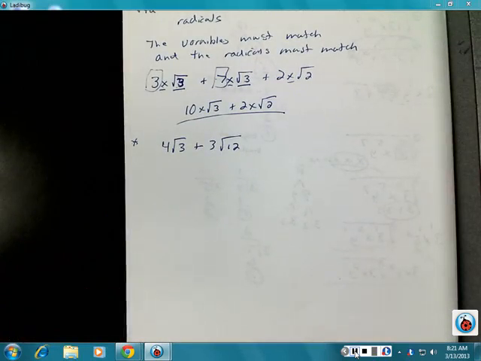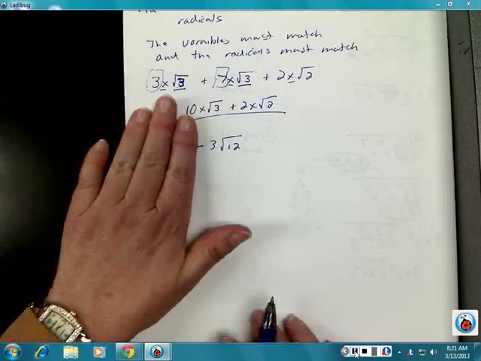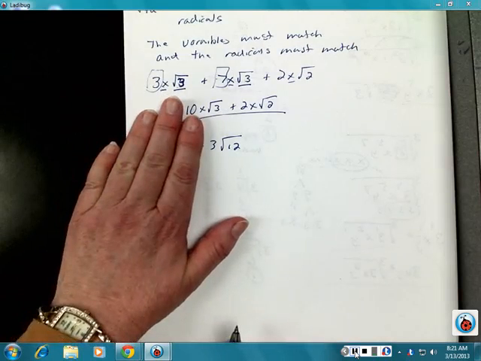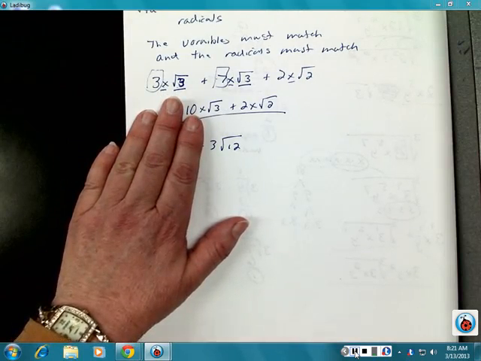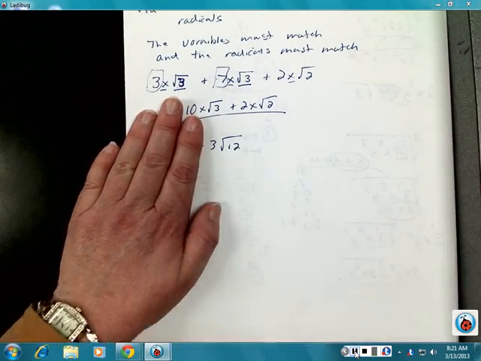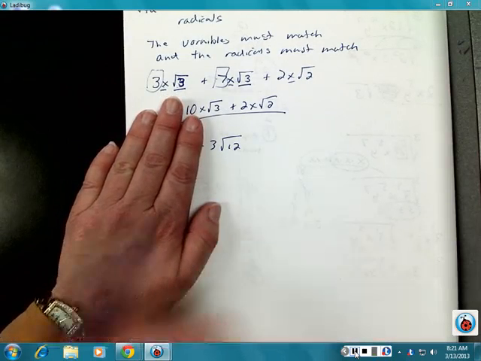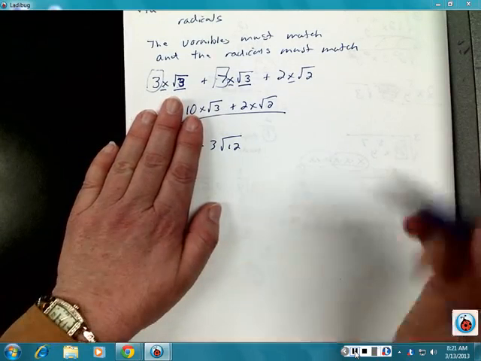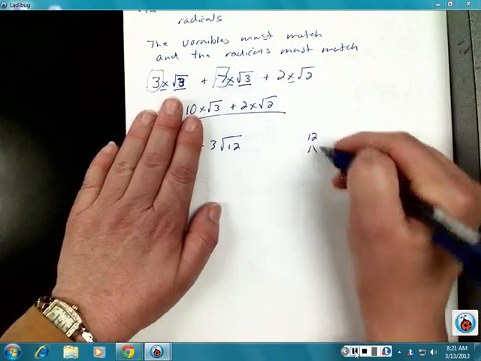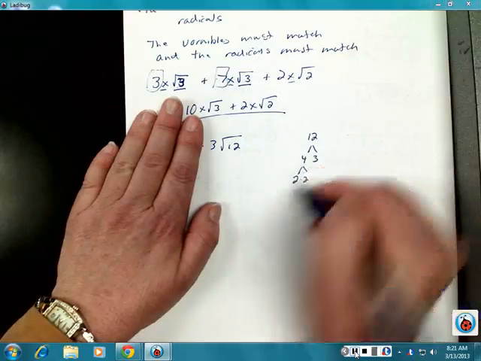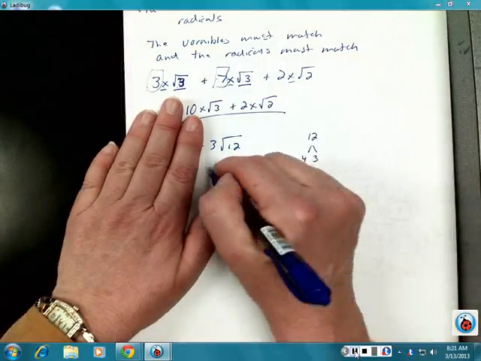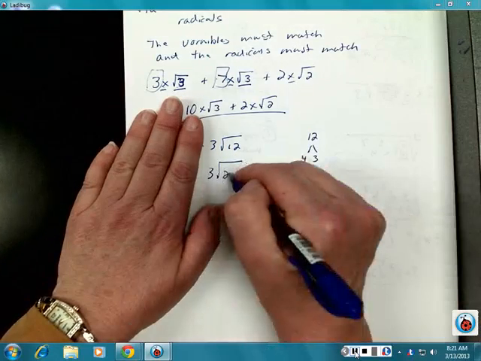So back in 9.2, we would look at that and say, can I break it apart and simplify it and have it still be exact? If I take 12 over here on the side, I get 4 times 3. 4 is made up of 2 times 2. So 12 is actually 2 squared times 3.